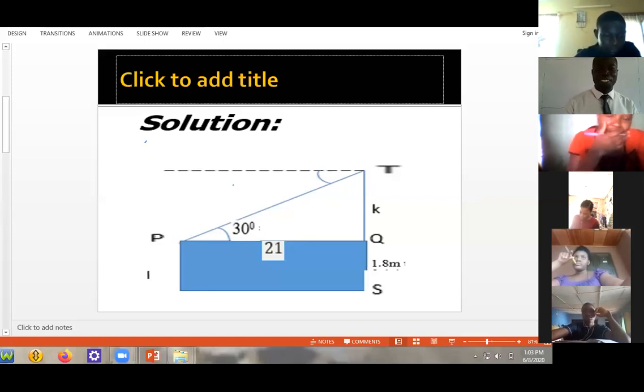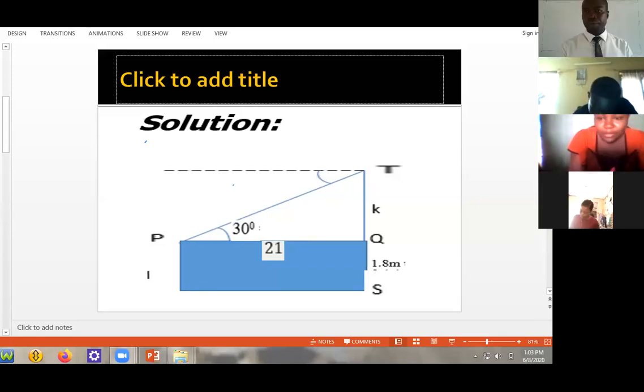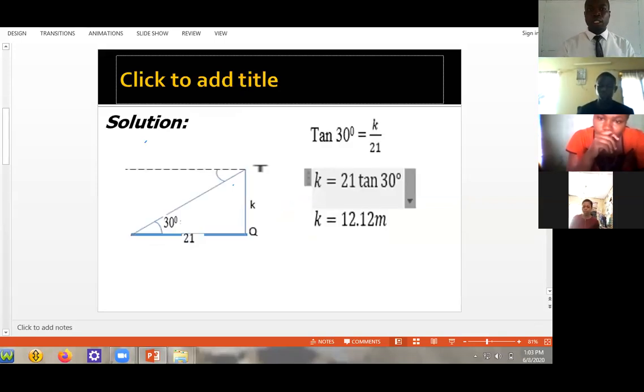So are we through? What is our answer? Let me show you my own working. Compare it with your own. I redesigned the triangle because this is the triangle I'm looking for. I'm looking for K, so I brought the part of the triangle that I'm going to work with.